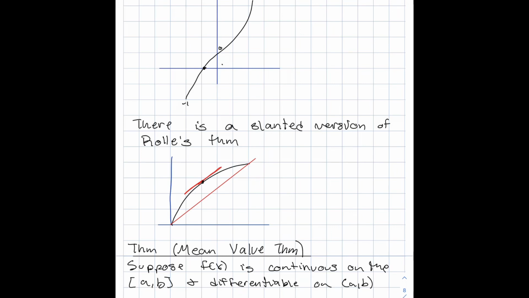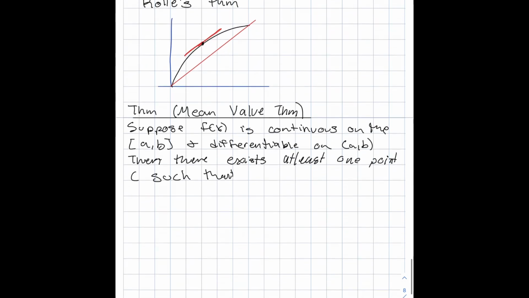All right. Then there exists at least one point c such that the slope between a and b, f of b minus f of a over b minus a, is equal to the derivative at that c.